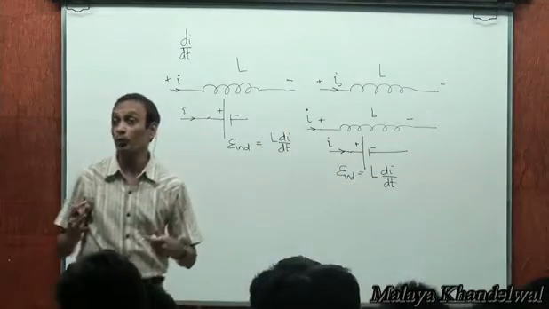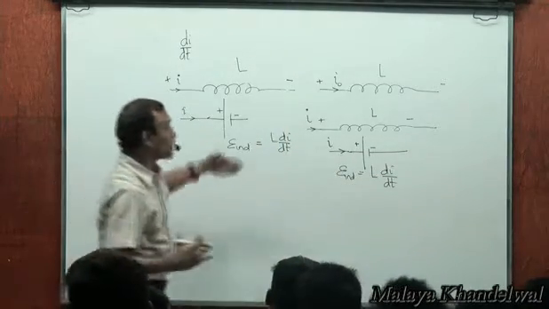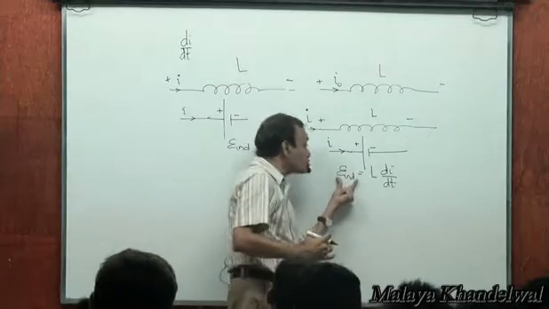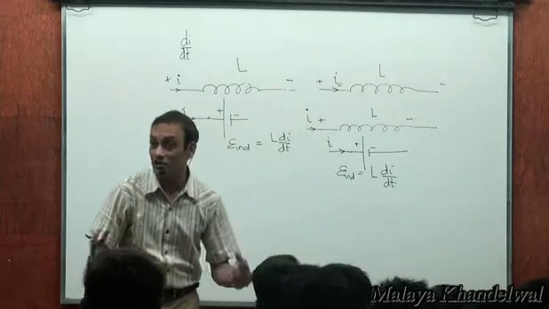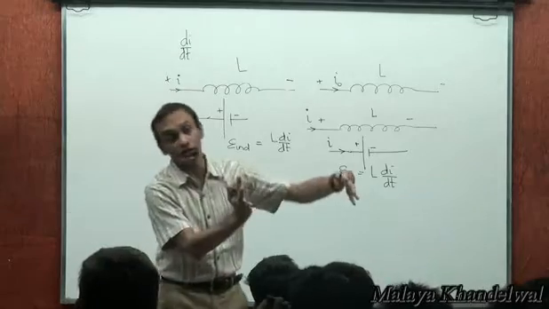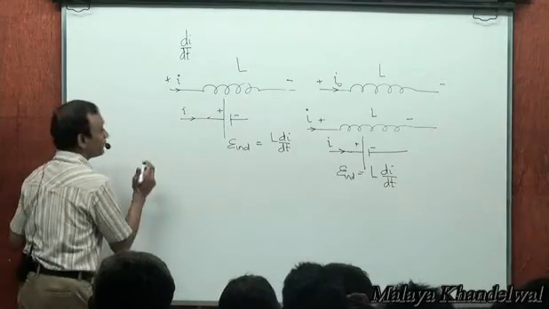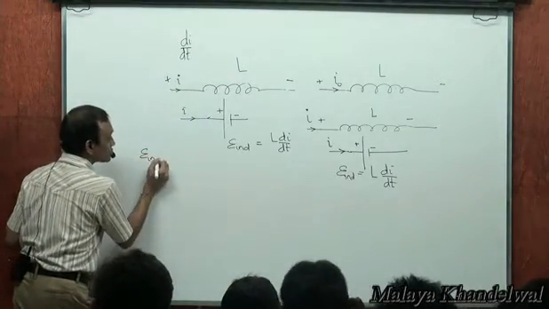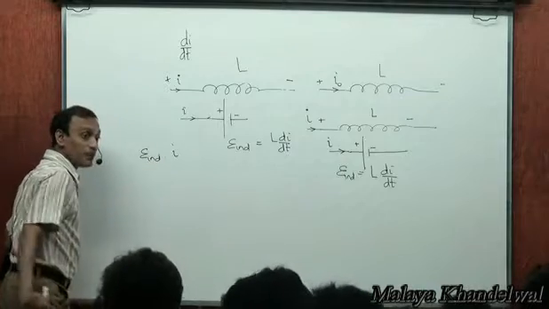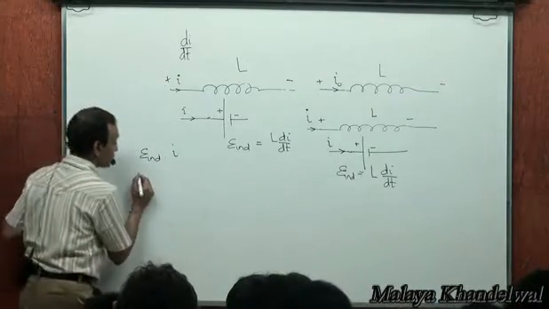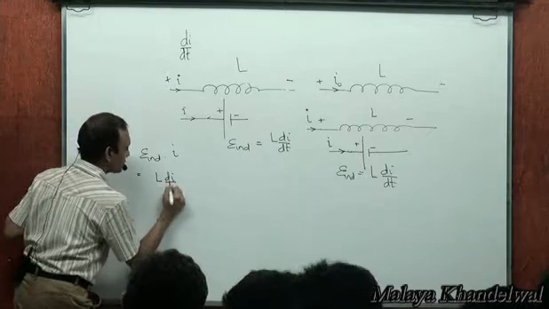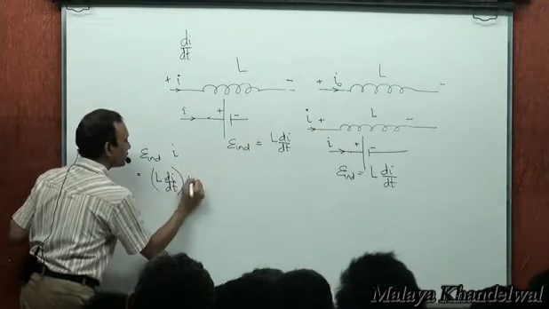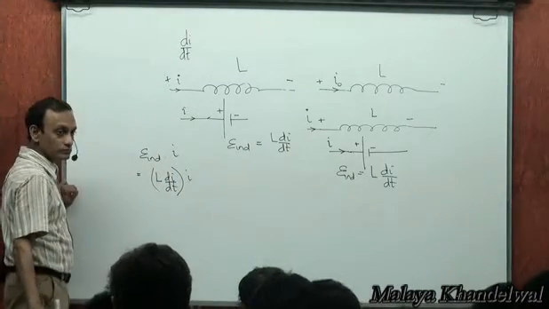That means the power that I require to drive a current I across this potential V would be V into I. The power in watts that I would require to drive a current against this opposition would be epsilon induced into I, right? Which is like L di/dt into I is the power that I require, right?